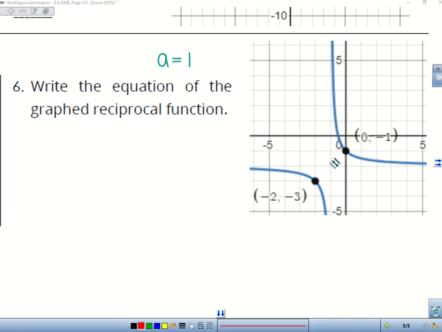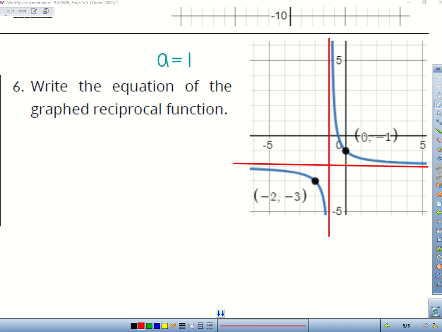So all you have to do is find those asymptotes. I want you to draw in where you think the vertical and horizontal asymptotes are, looking at it. Do you all see where they are? It's -1 and -2. Yes, very good. Of course you have to be able to tell which is which. This one is x equals -1 because it goes through the x value, and this one is y equals -2.